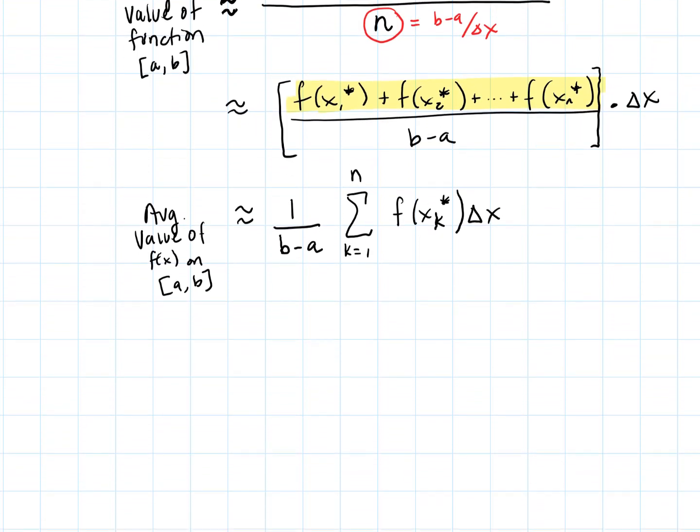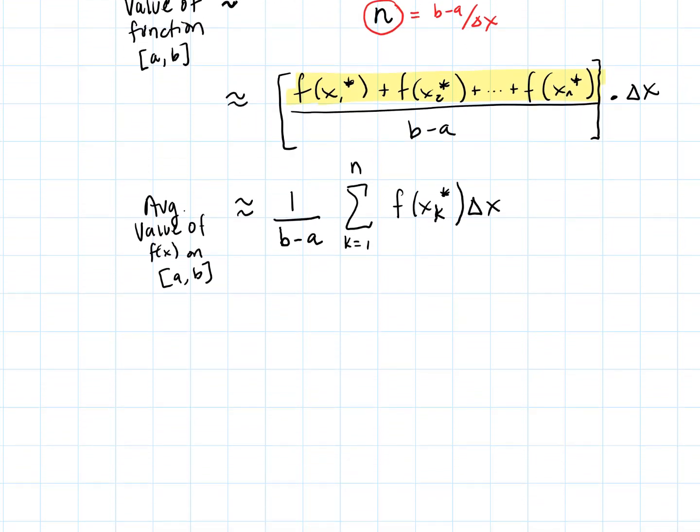But what do I do if I want to make it exact? Because this gets closer and closer to the exact average value as we let n get bigger and bigger and bigger. Well, we can make n go all the way to infinity by adding in a limit.